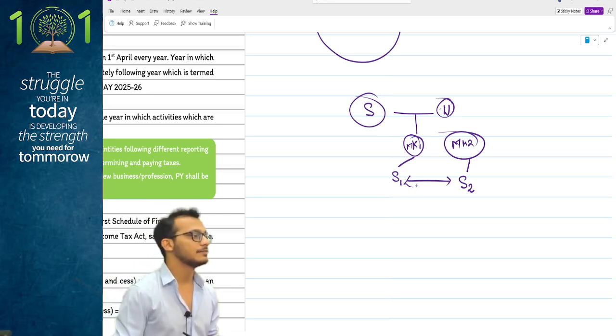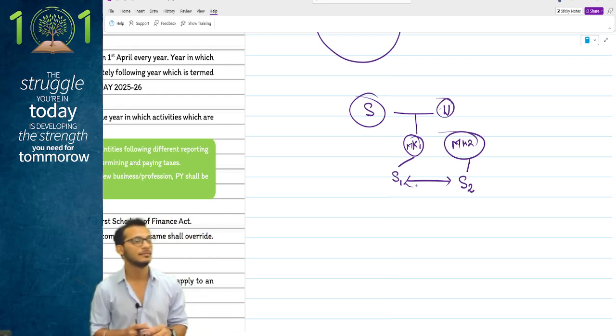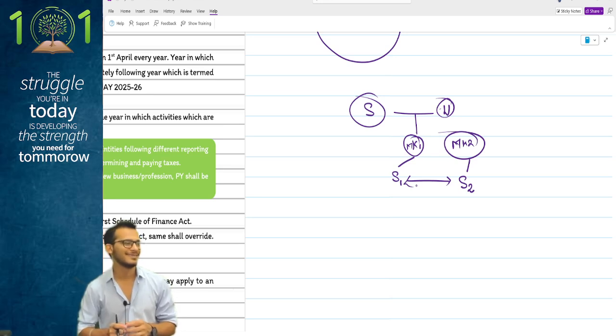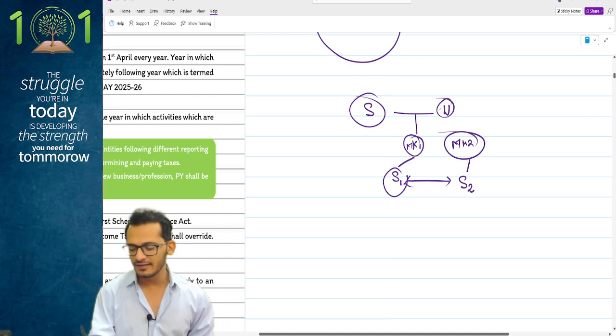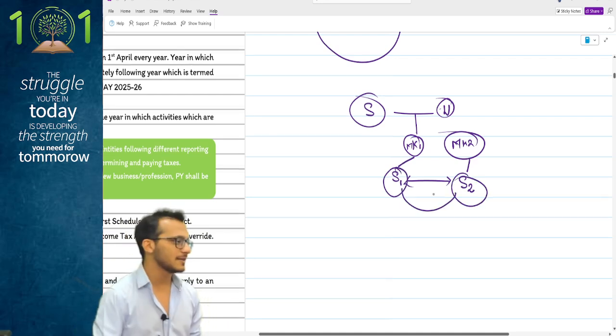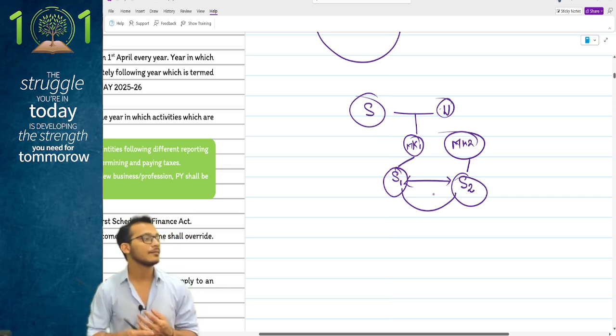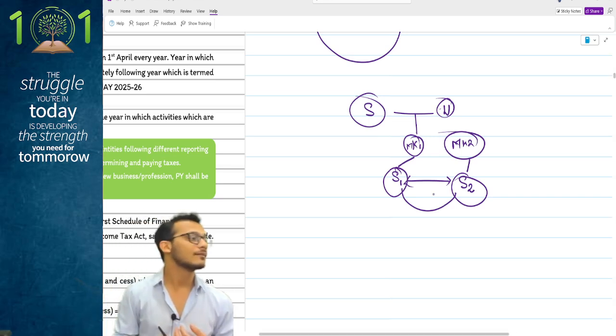Taxable, not taxable? I am telling, son 1 is going to give a gift to son 2, in individual capacity.